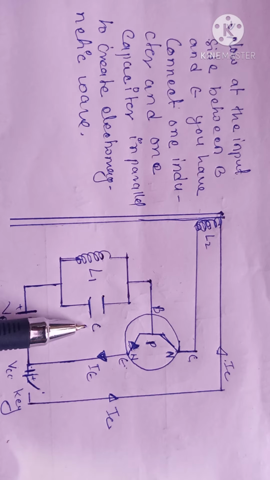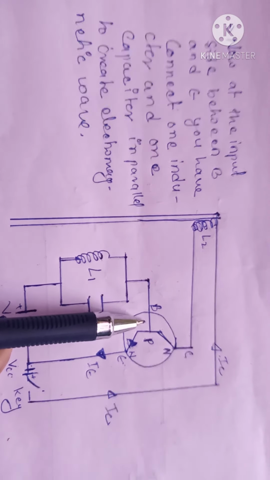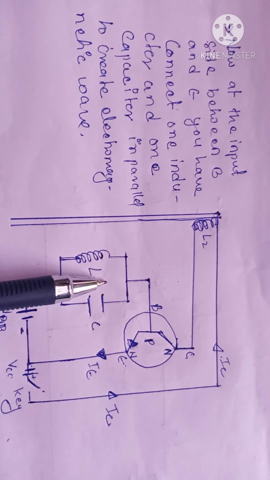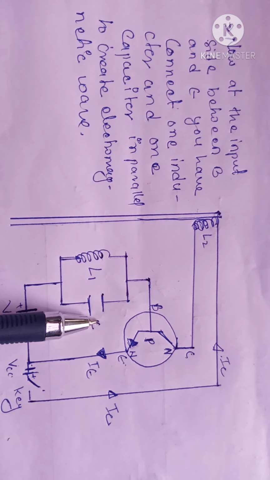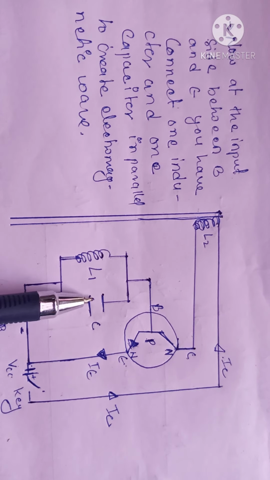At the input side, between base and emitter, you have connected one inductor and one capacitor in parallel to create electromagnetic waves.